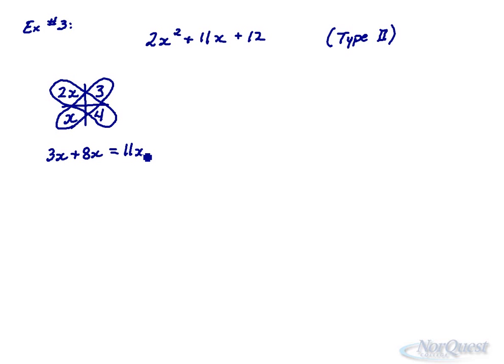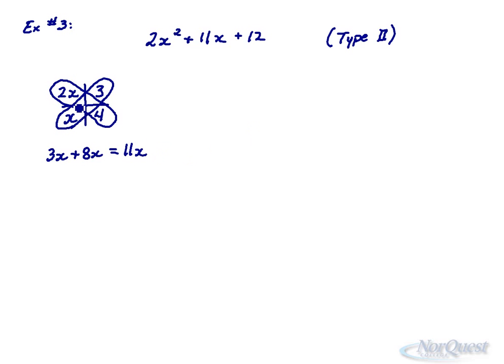If it doesn't work, then you try another combination of factors of the last. Then you may need to try another combination of factors of the first. You keep going until your cross products add to the middle term. Now, a little piece of advice, you will not have a common factor in here.